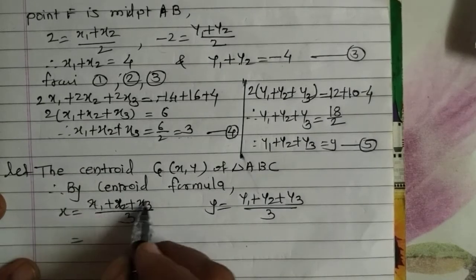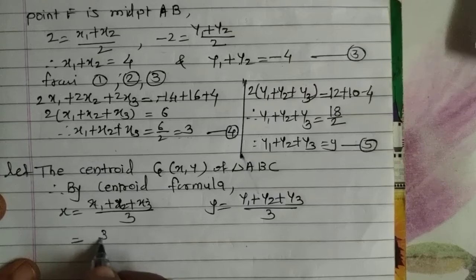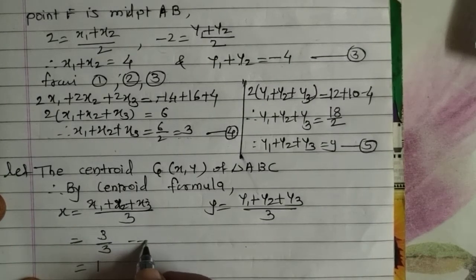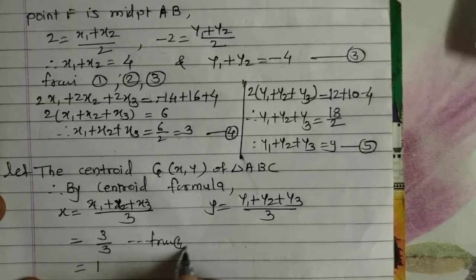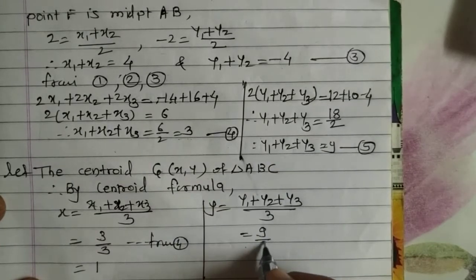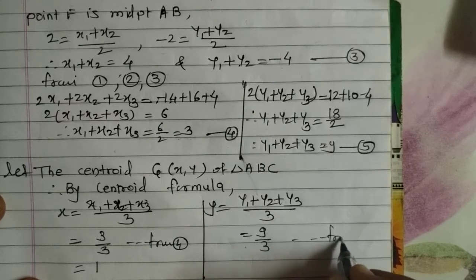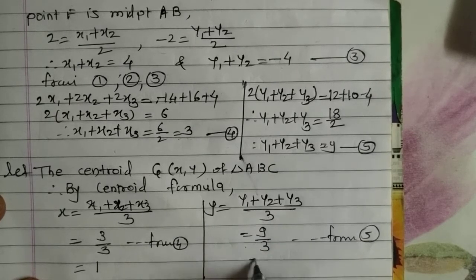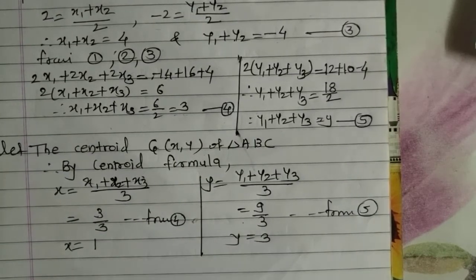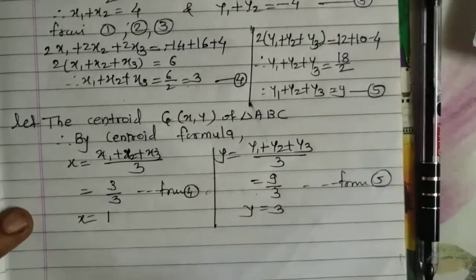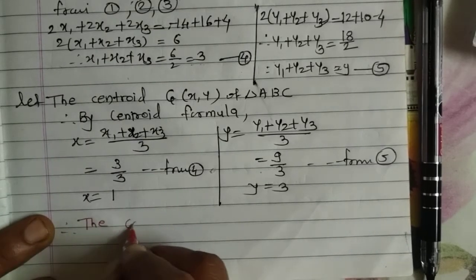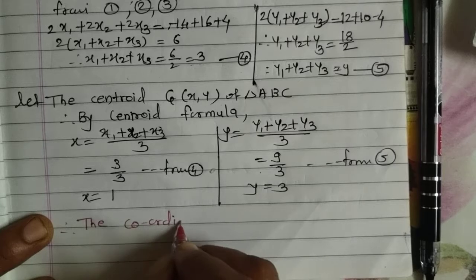From relation 4, that is 3 upon 3, equal to 1. From relation 5, 9 upon 3 means 3. So the x coordinate is 1 and the y coordinate is 3.